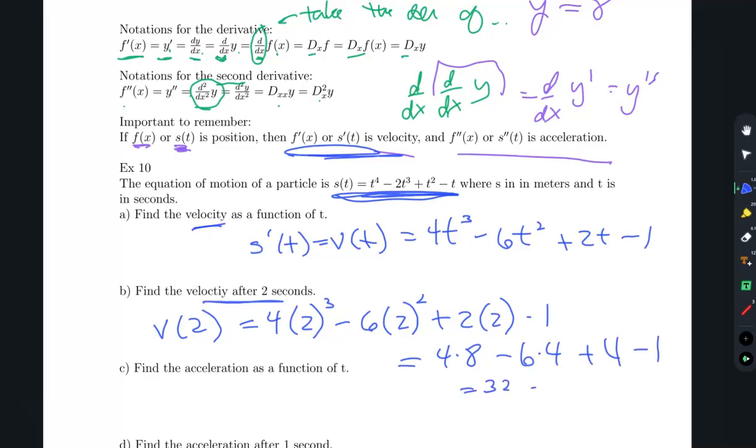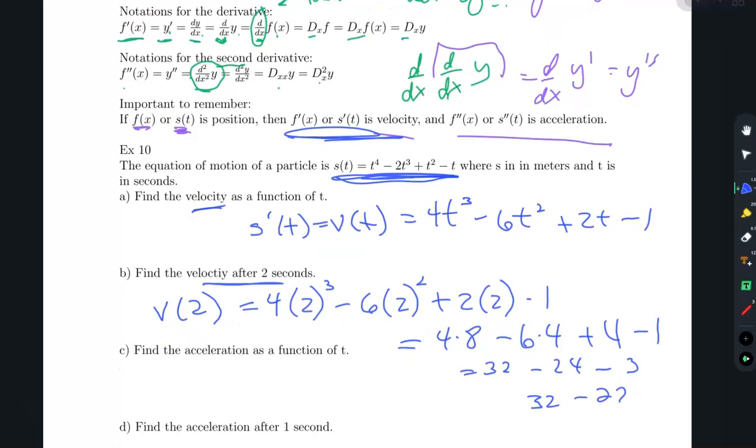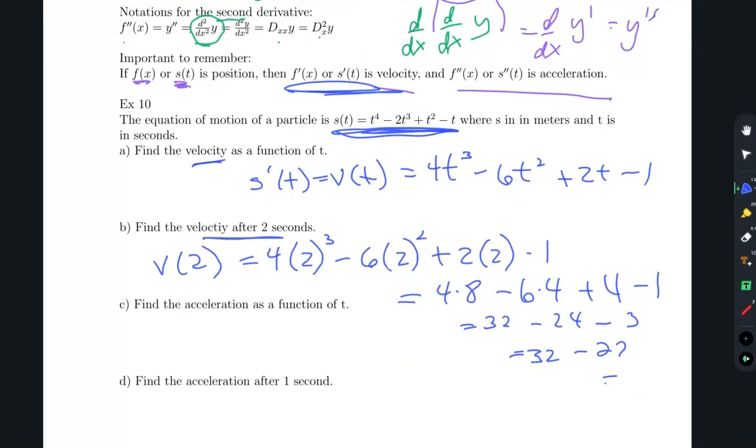So 32 minus 24 minus 3. So 32 minus 27. So that gives us positive 5, right? I won't ever be a stickler about units, but it would be 5 meters per second, because we're talking about velocity.